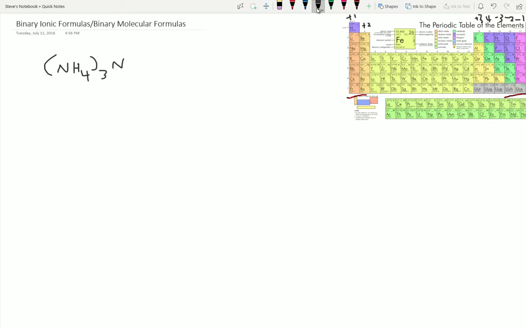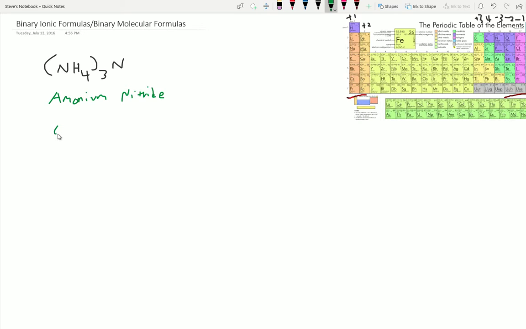So we must write the polyatomic ion, which is ammonium. The second one is nitrogen, but in this case it is nitride. There you go.